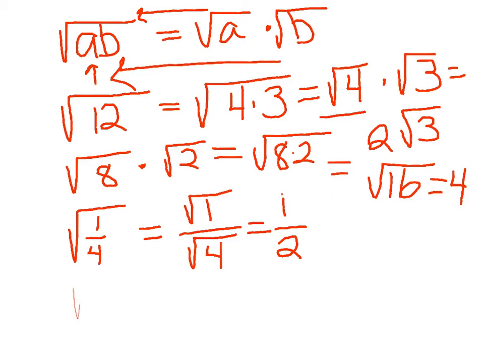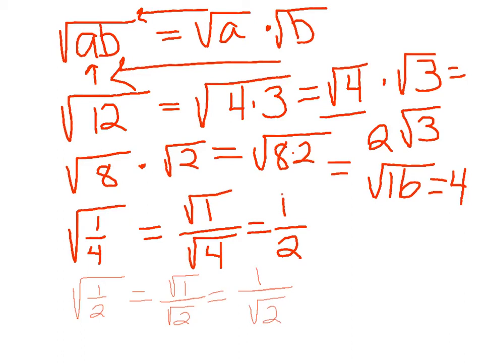Let's do that again with the square root of 1/2. So I can break that apart into square root of 1 over square root of 2. Square root of 1 is just 1, but square root of 2 is not a nice number.